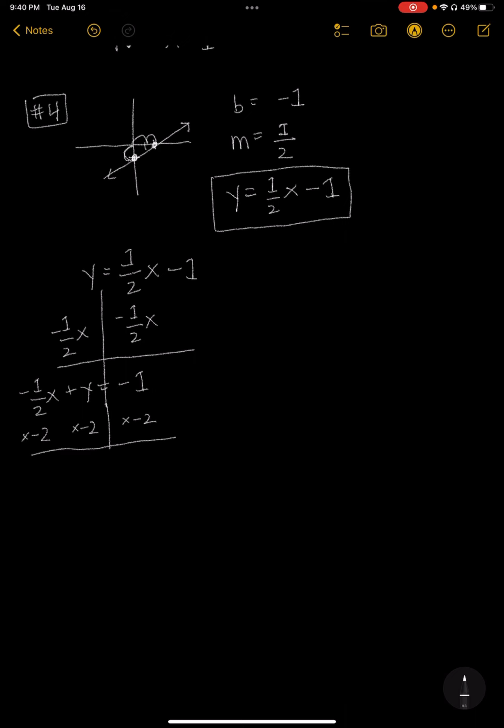And so when we multiply the negative 1/2 by -2, we should just end up with 1x. We can write it as just x though, because 1 times anything is itself. Then we've got -2 times y, which gives me a -2y. And then -1 times -2 gives me 2, which means my standard form is x minus 2y equals 2. And there we have it, the slope-intercept and standard form of another example.